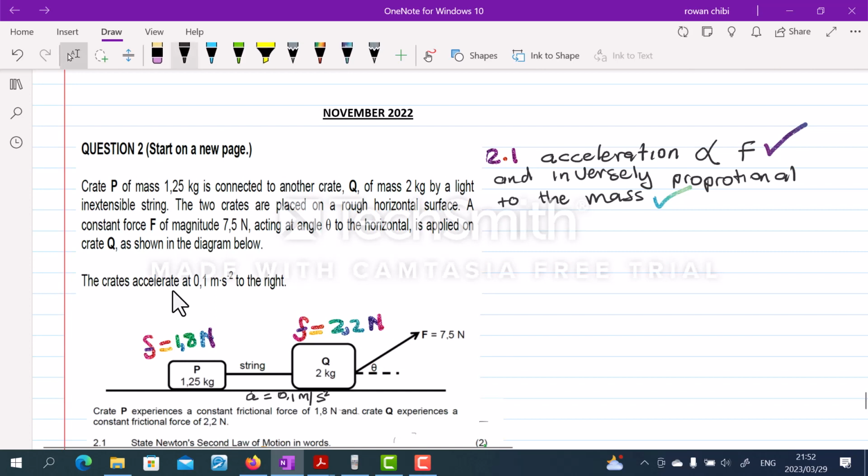So crate P, we have 2.2. The free body diagram is represented with a dot.